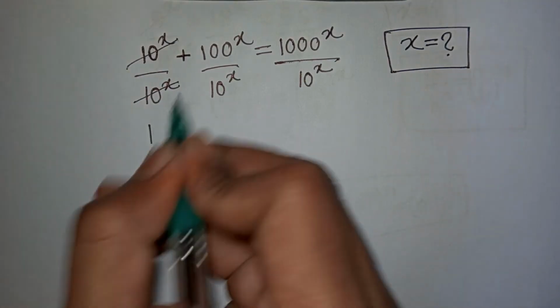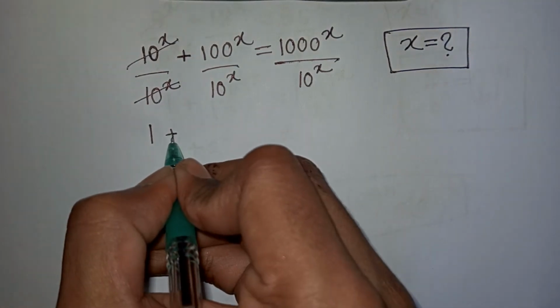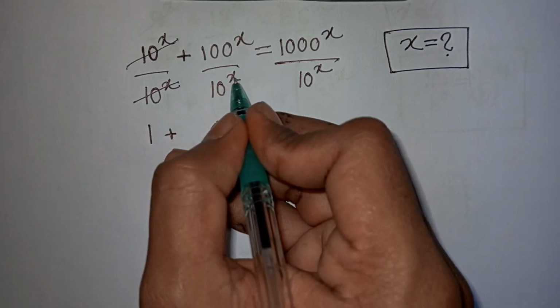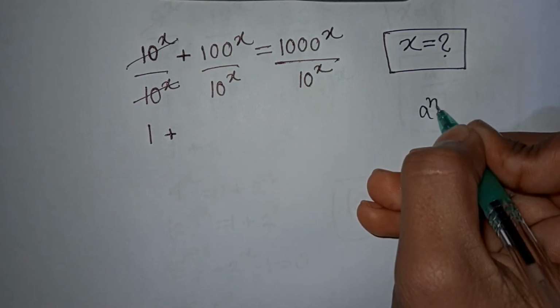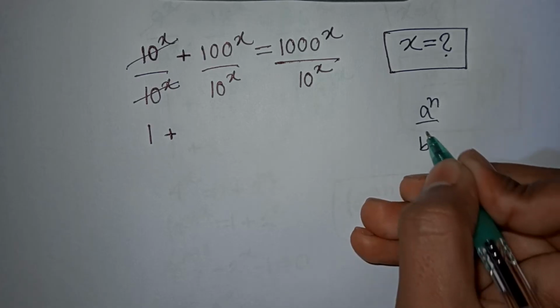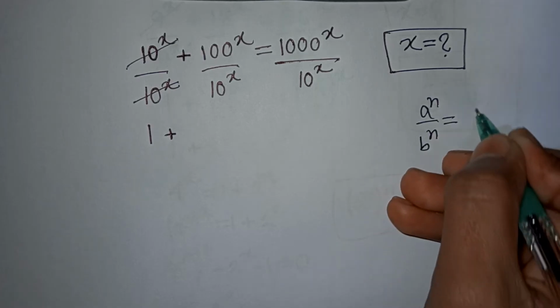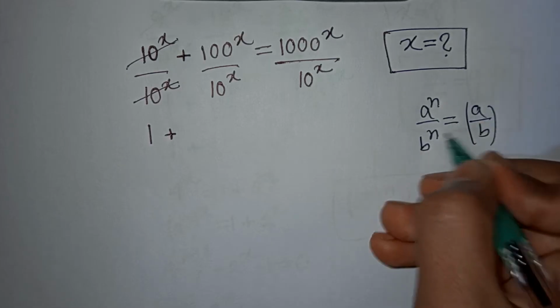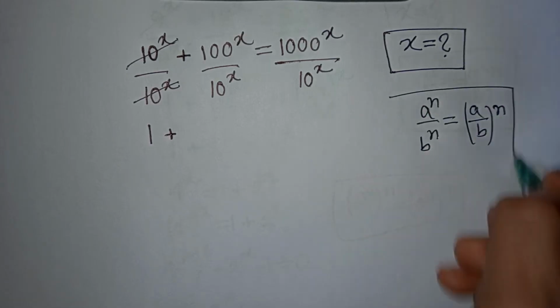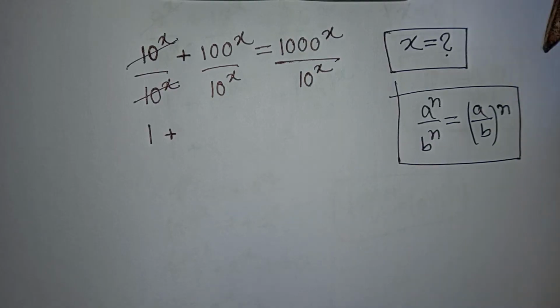So, here 1 plus, the x is the same power but different bases. So, I apply this formula: a^n over b^n is equal to (a/b)^n.